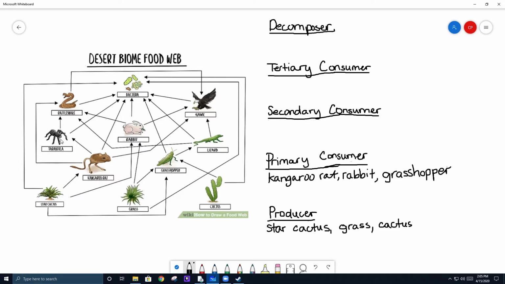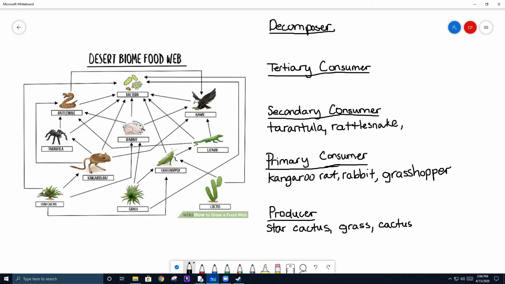Here our tarantula is considered because it eats a kangaroo rat. We also have an arrow pointing to the rattlesnake, so the rattlesnake is also considered that. And that's everything that eats it.